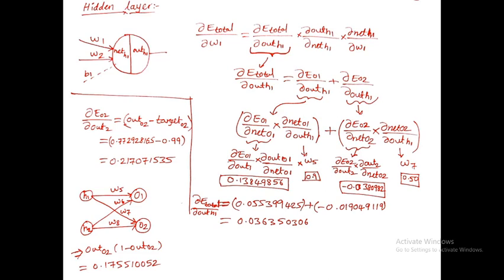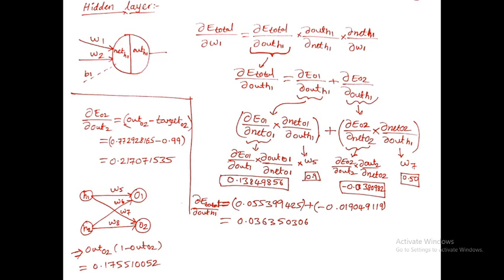Okay, again ∂E_O1/∂net_O1 can be split into two terms. That is, ∂E_O1/∂net_O1 is equal to, if you see the next step, ∂E_O1/∂out_O1 into ∂out_O1/∂net_O1.